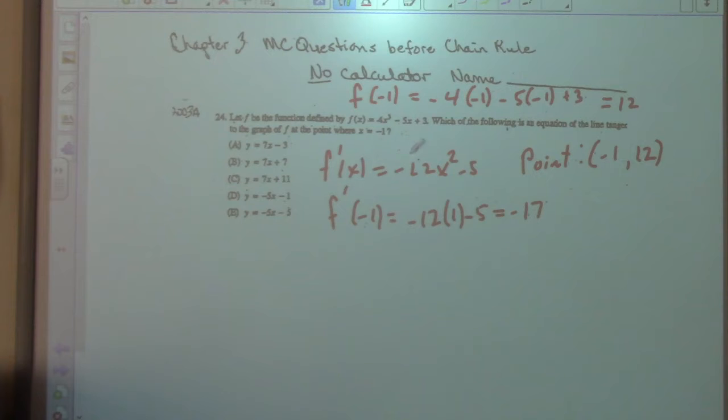When x is -1, you have to square it, and -1 squared is going to be positive, right? So you're going to get -17. That looks right.